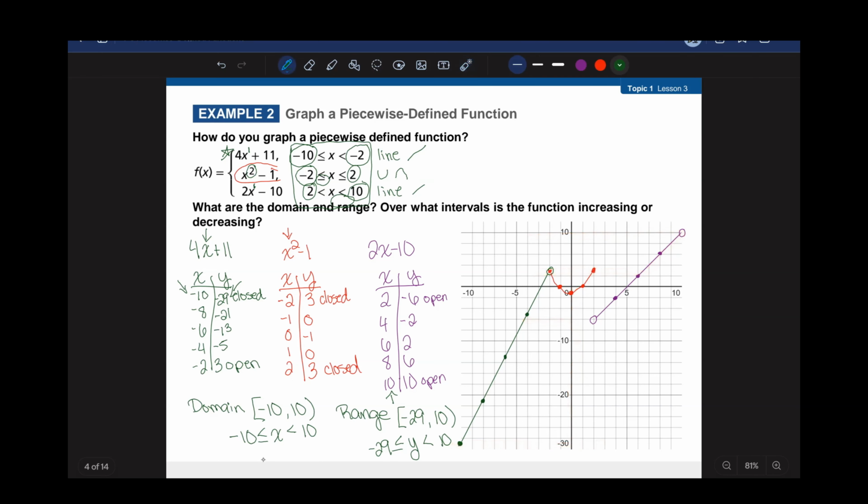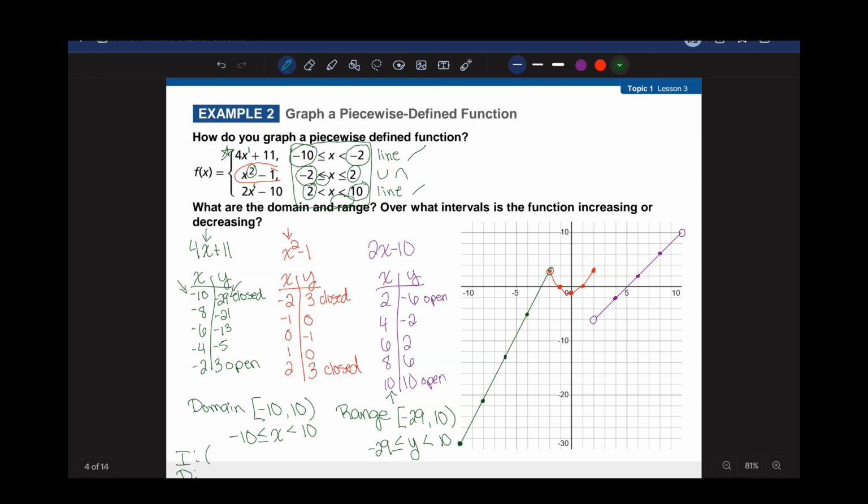All right, as far as increasing and decreasing, from left to right, I already know that it starts at negative 10. So at negative 10, it's going up till we get here, and it stops going up at an x value of negative 2.